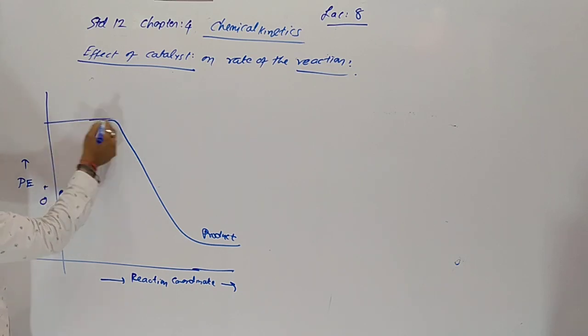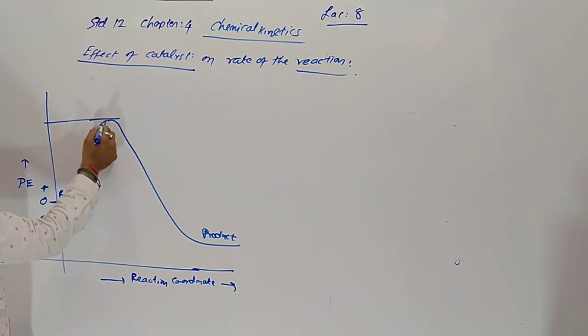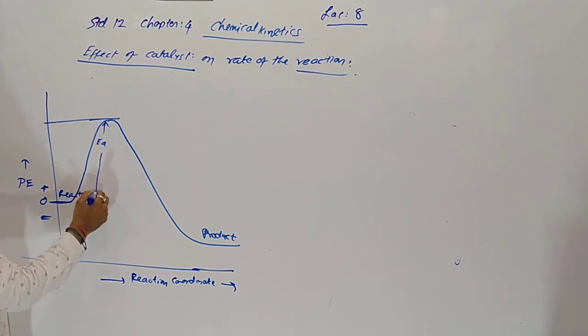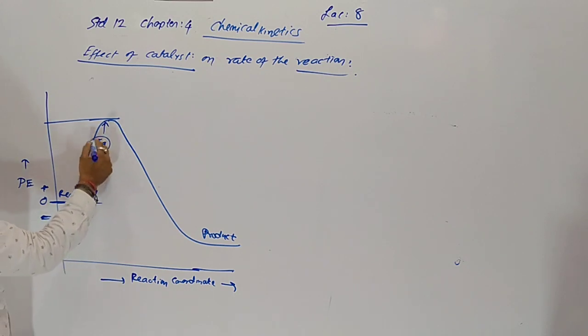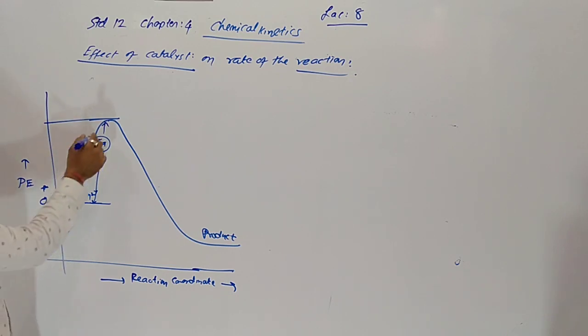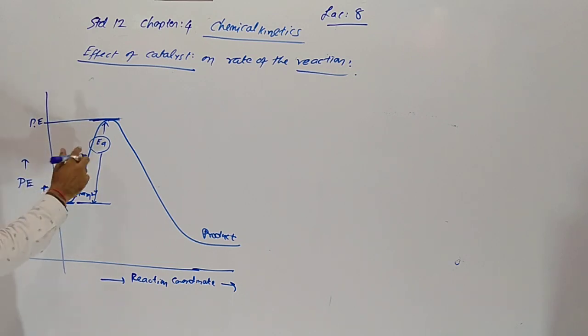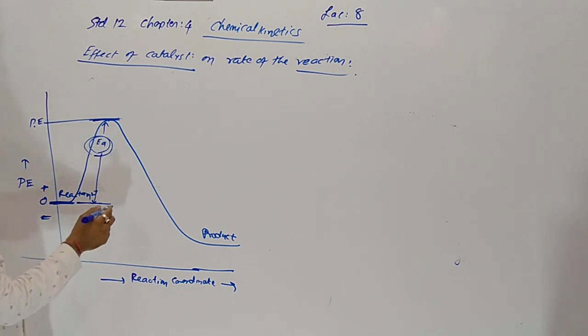This is the collision. So the difference between the initial potential energy of the reactant and the potential energy at the collision time gives the activation energy EA.